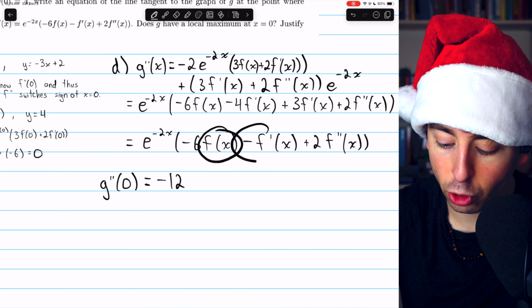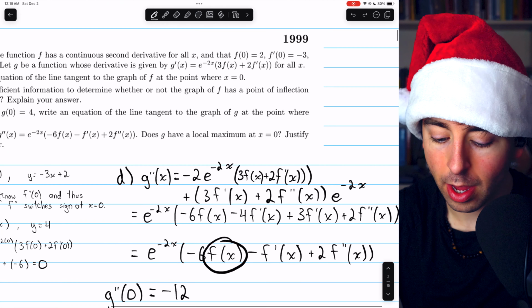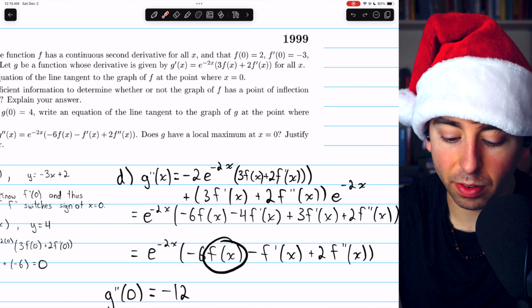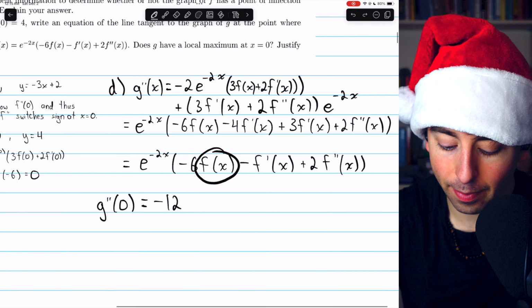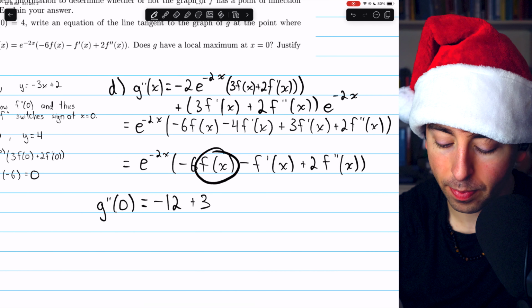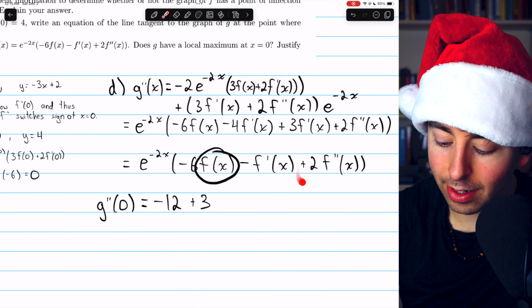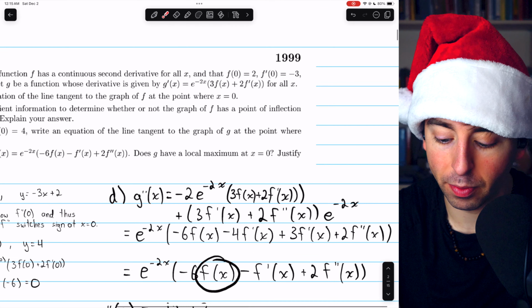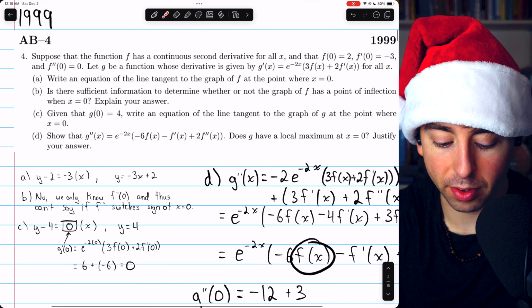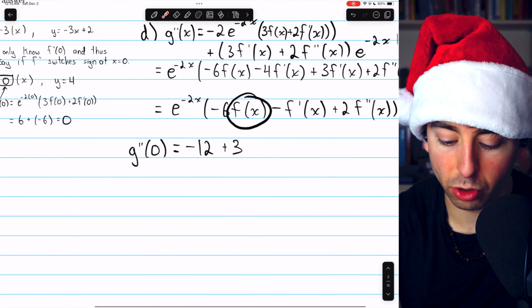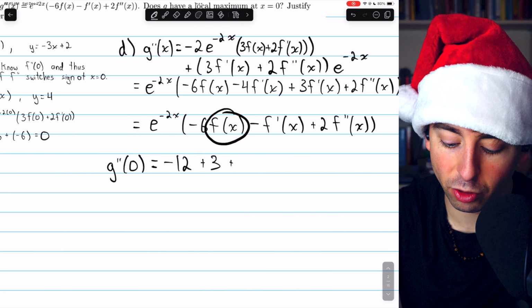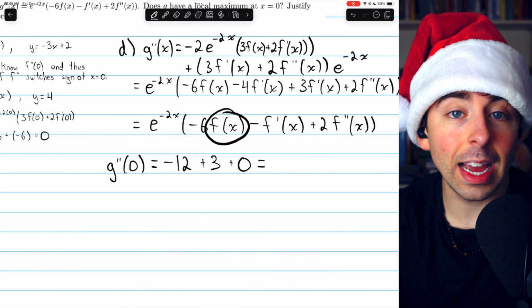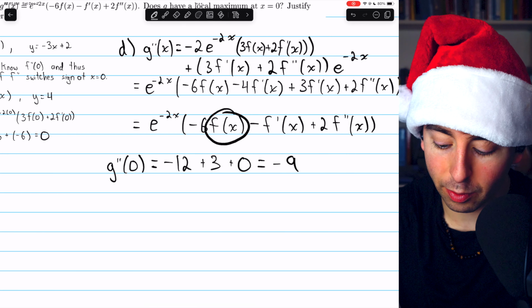Then we have to subtract f prime of 0. f prime of 0 is negative 3. So if we subtract that, we are adding 3. Finally, we have to add 2 f double prime of 0. f double prime of 0 is 0. So 2f double prime of 0 is just 0. So this is negative 12 plus 3, which is negative 9.